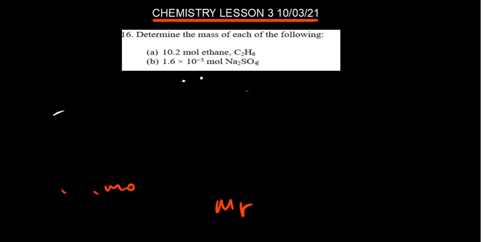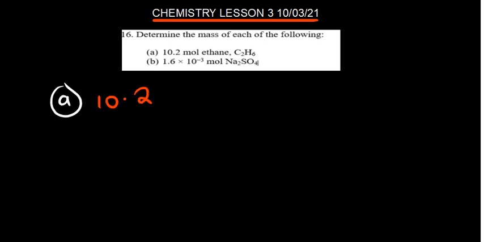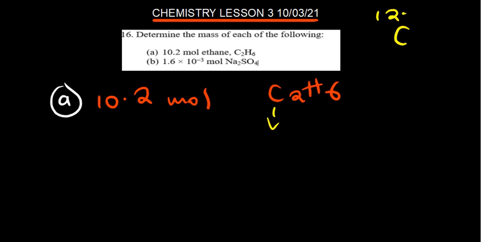Okay, so I can start with the first one. For A, we've been given 10.2 moles of ethane. So we've been given the moles, and we need to determine the molar mass. If you go to a periodic table, you're going to find the molar mass of carbon. The molar mass is basically the bigger value that you see on a nuclear notation.